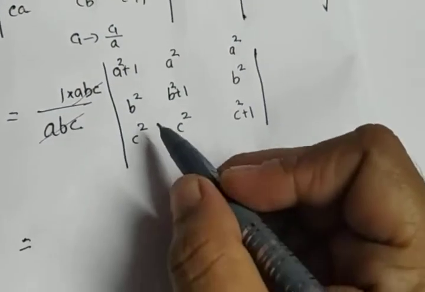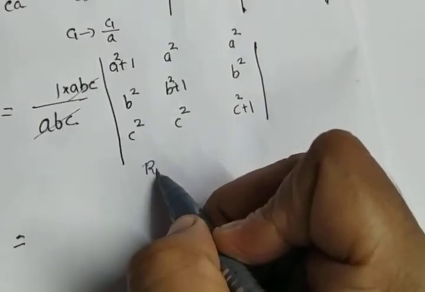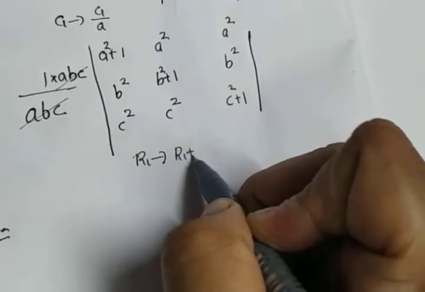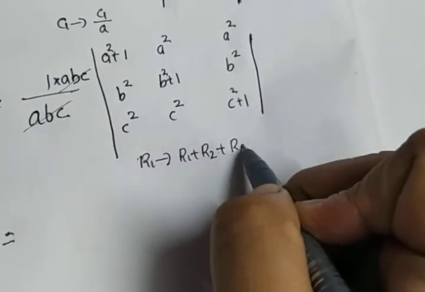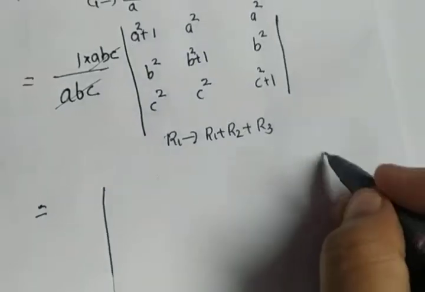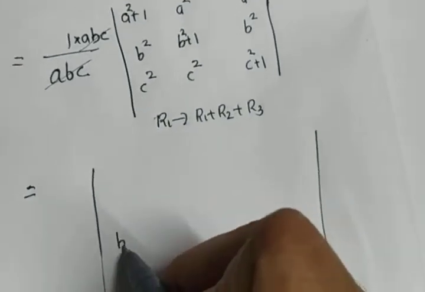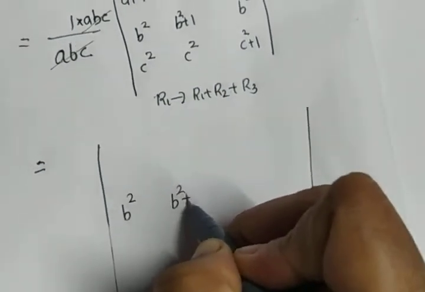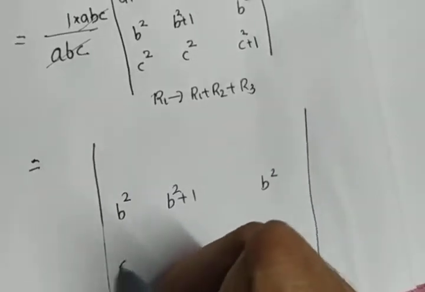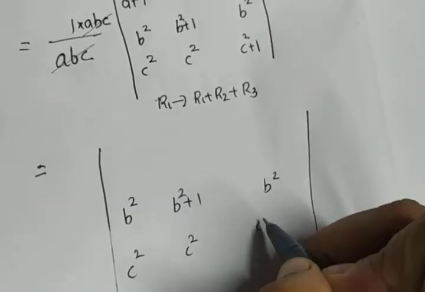Again I am going to do a transformation: R1 changes to R1 plus R2 plus R3. Remember these transformations. The second row remains the same, b square plus 1, b square, c square plus 1.